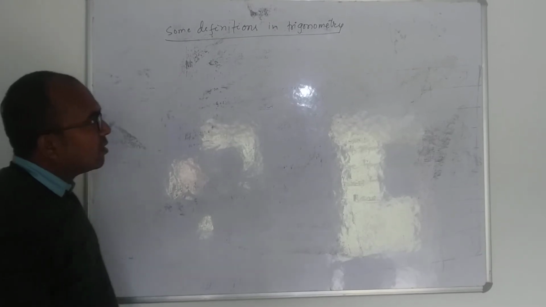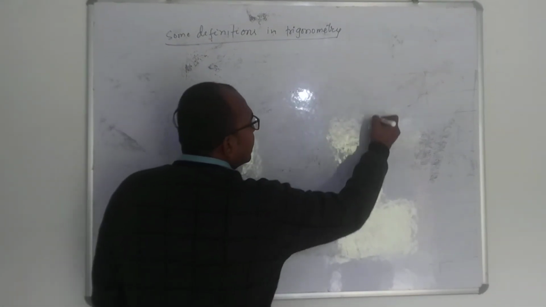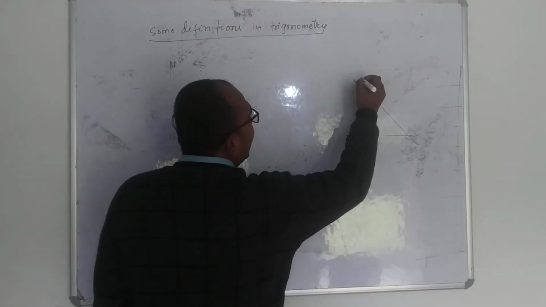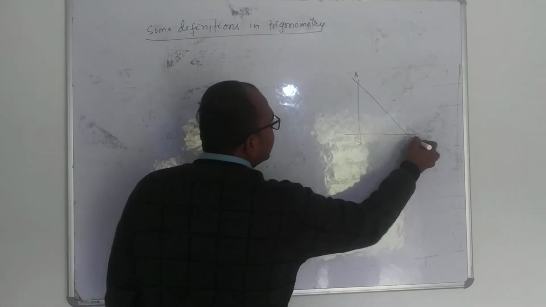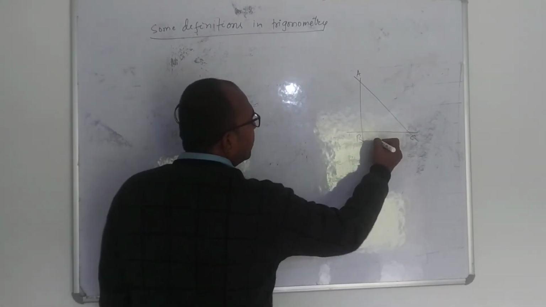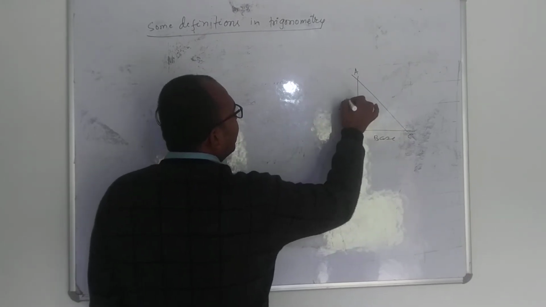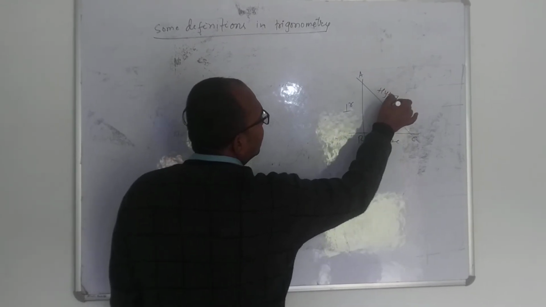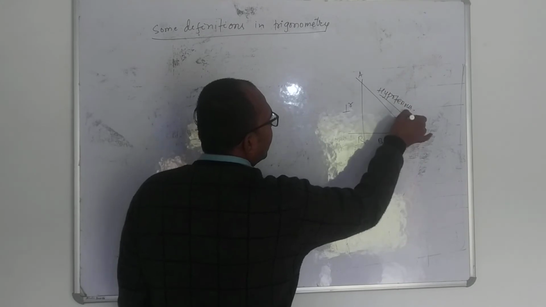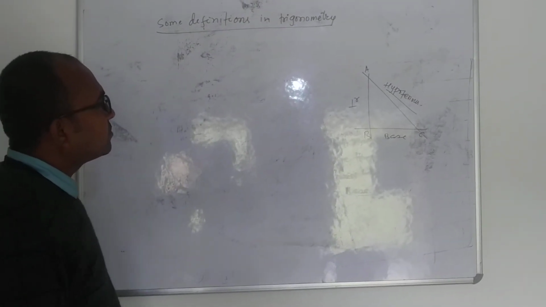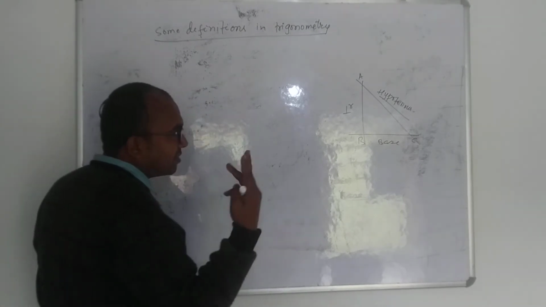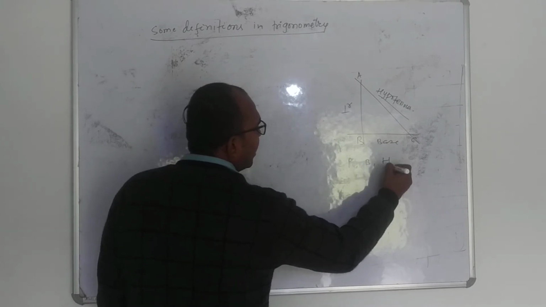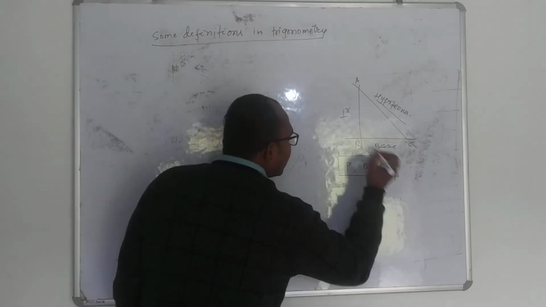Just as we discussed, a right angle triangle has three sides: one is base, other is perpendicular, and the third one is hypotenuse. So students, we have three sides, one is perpendicular, other is base, and the third one is hypotenuse.